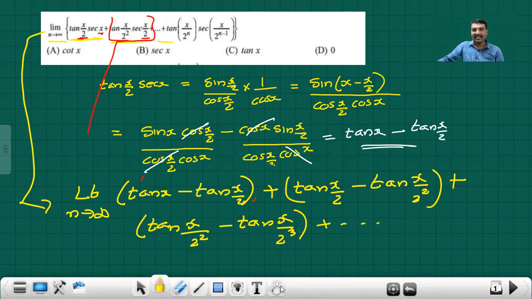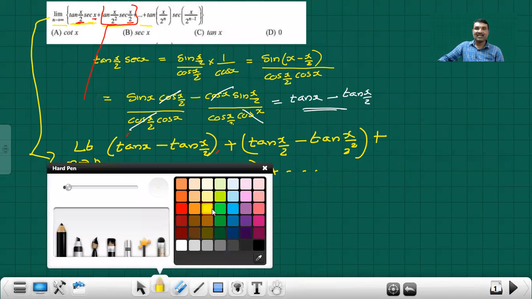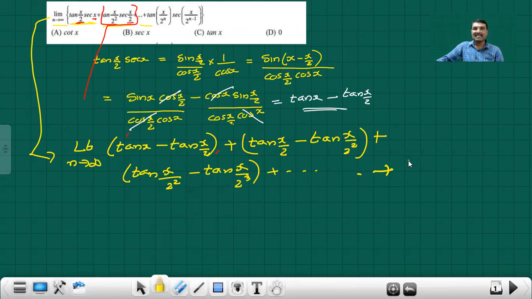And what is the last term? Again, the last term is tan of x by 2 raised to n minus 1 minus tan of x by 2 raised to n.